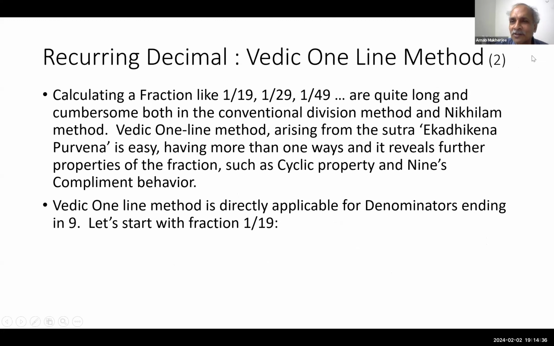The concept is, if I divide 1 by 2, or in general, if the dividend, I mean the numerator, is obviously less than the denominator, so the dividend is less than the divisor.